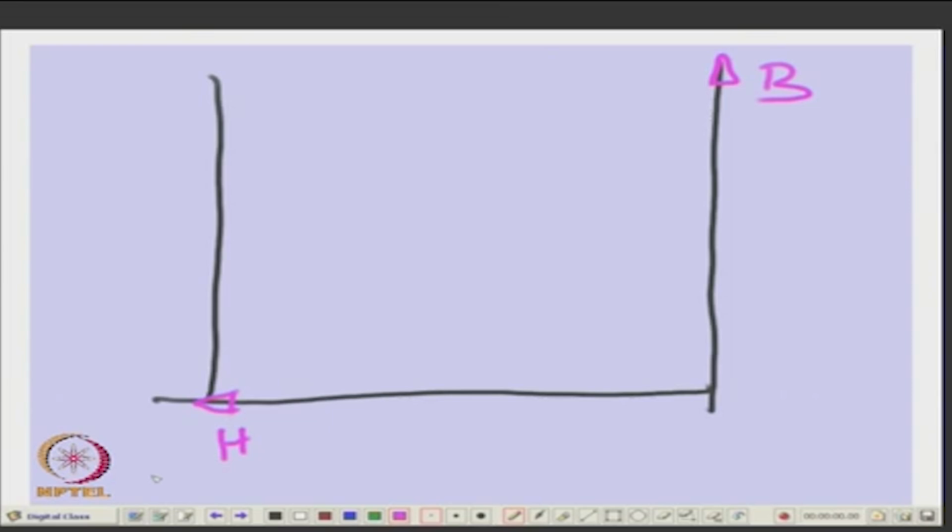For example, the best material, neodymium iron boron, will have a remnant B of about 1.25, and H in kiloamperes per meter around minus 950.